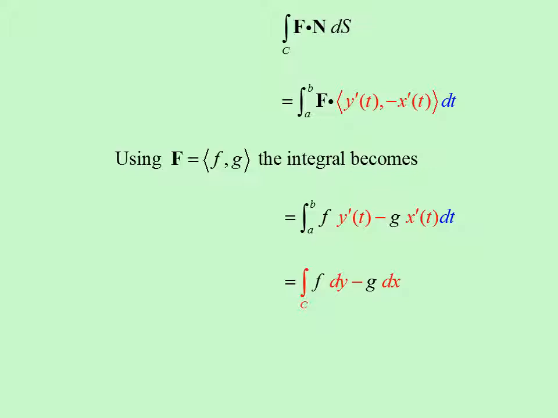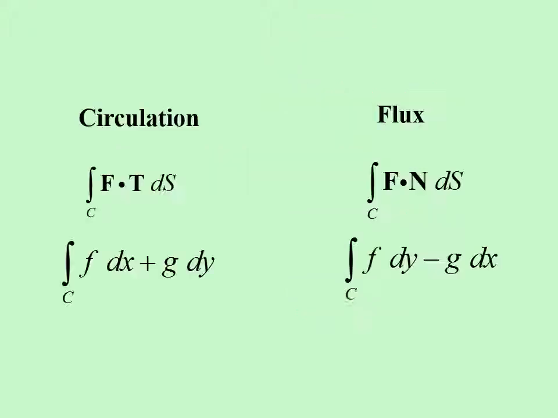I'll highlight those now. Again, the circulation integral is what we have been doing. And notice you've got F dx, G dy. Everything's kind of nice and ordered. But on the flux integral, the F and G are still in the same order, but we've swapped the dy and the dx and changed the sign.